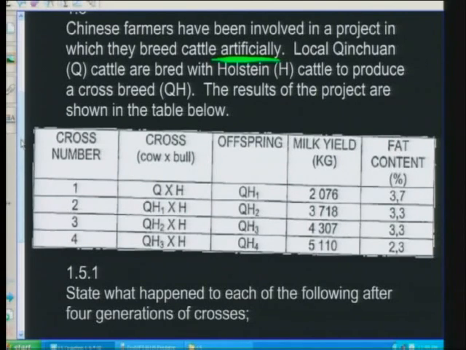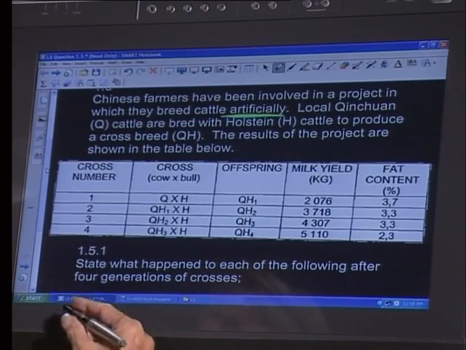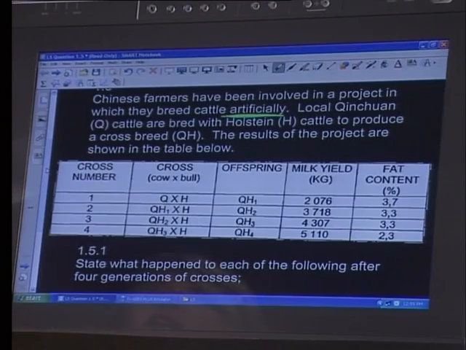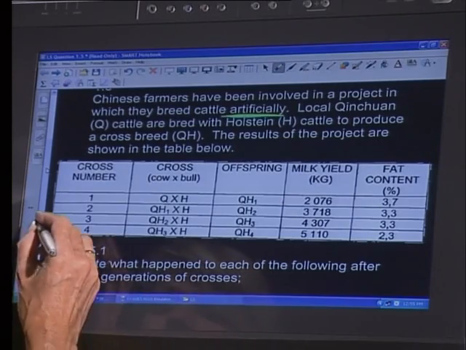It starts at 7.3, it goes to 3.3, and eventually we're getting it to 2.3. Now that is the perfect milk. We're getting a cow that can produce lots of milk with less fat, and that's healthier milk. And this by the way is what we do when we start selectively breeding and we artificially select what we want.